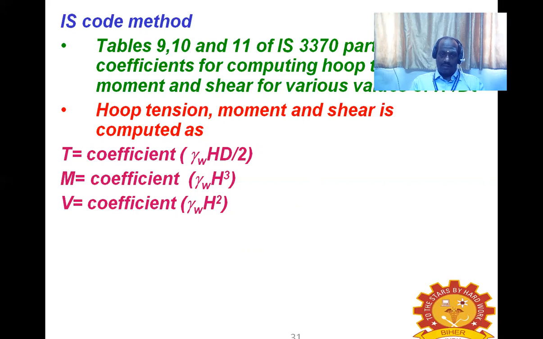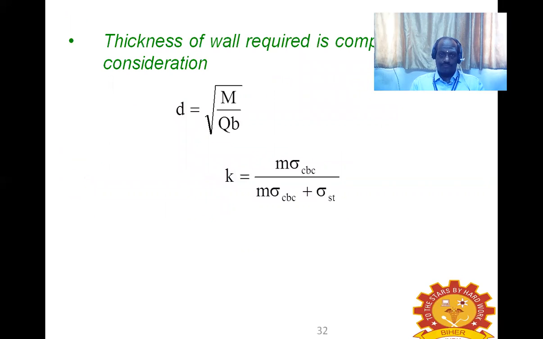The moment can be calculated using this formula, coefficient multiplied by gamma into h cube, whereas the shear can be calculated using V is equal to coefficient into gamma h square. H is the overall height.